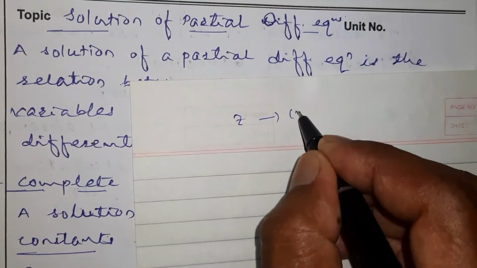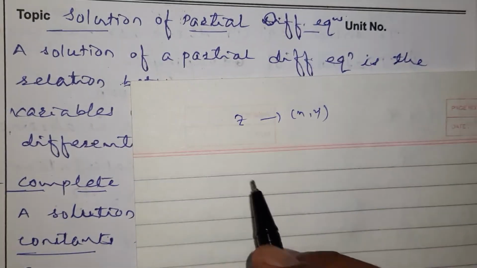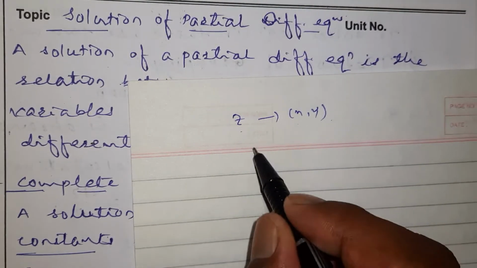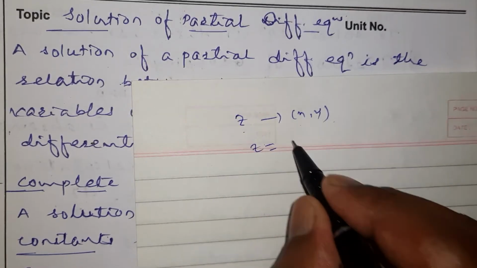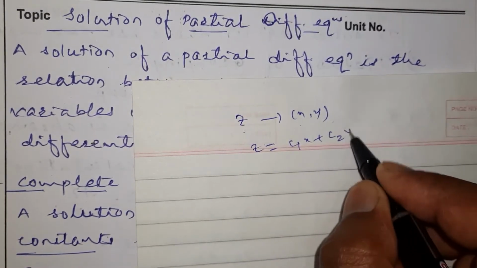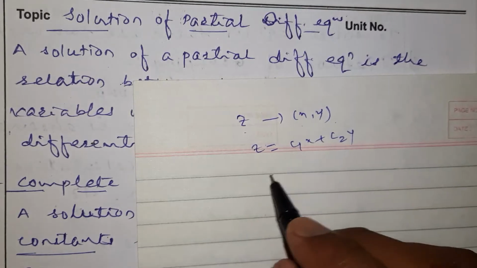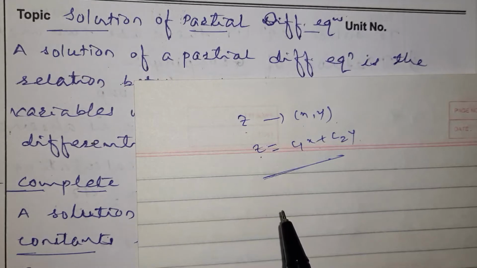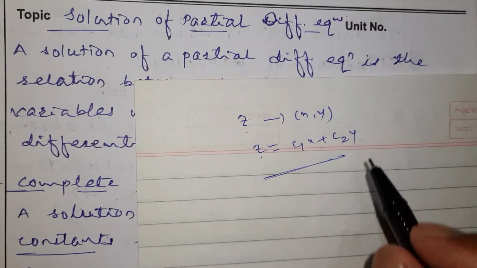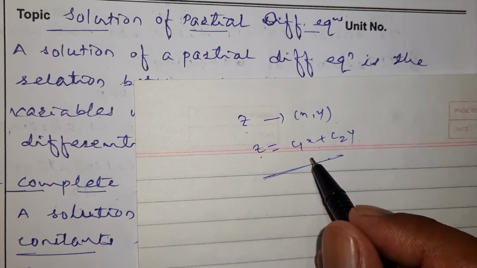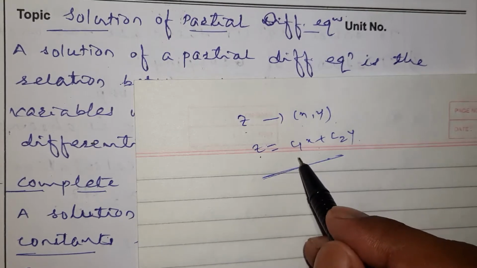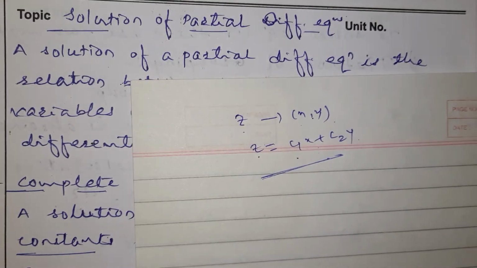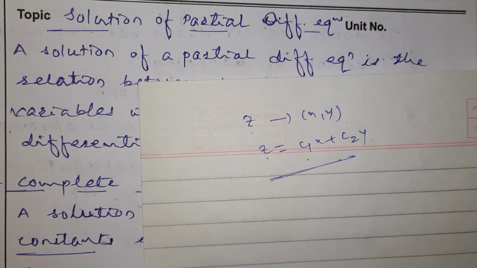My z is a function of x and y, meaning my z depends on x and y. So if I write a relation for z, say z is equal to c1x plus c2y, then this is the relation between the dependent variable and the independent variables. If this relation satisfies the given partial differential equation, then we can say that this z is a solution of that differential equation.